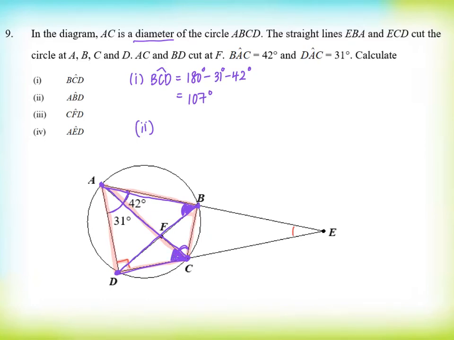Inside the triangle ADC, I have 90 degrees, I have 31, so I can find this angle. So angle ABD will be equal to angle ACD by the property angles in the same segment. And it's now equal to 180 minus 90 degrees minus 31, angle sum of triangle, to give me the answer 59 degrees.